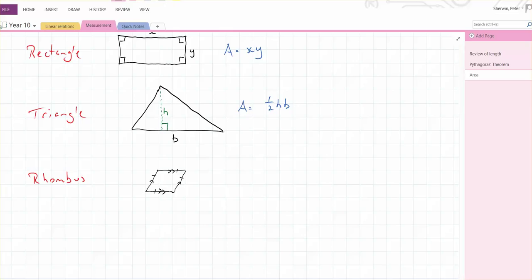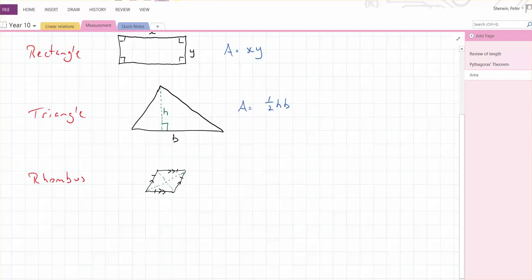Now what we're interested in with a rhombus, and I've made this quite a small rhombus, and I apologise for that, is that we're going to find the area by multiplying the lengths of our diagonals together and then dividing by 2.